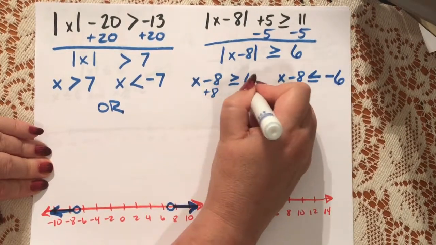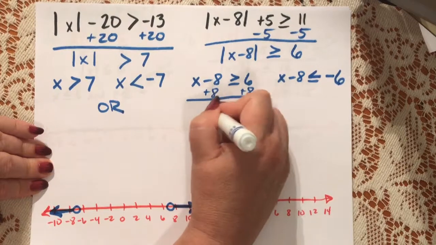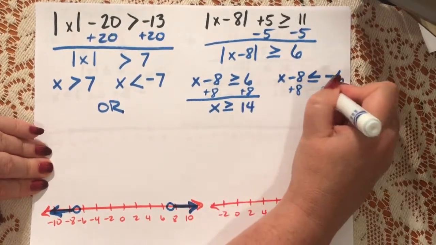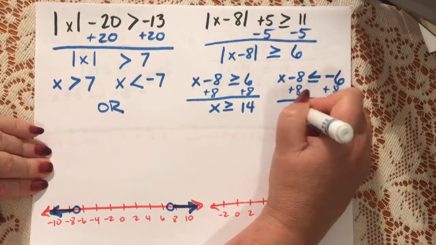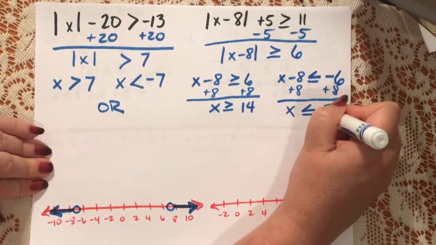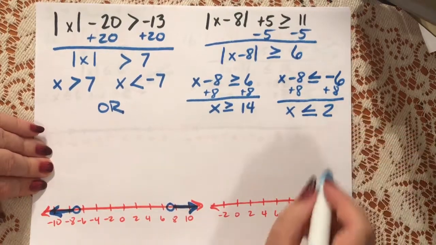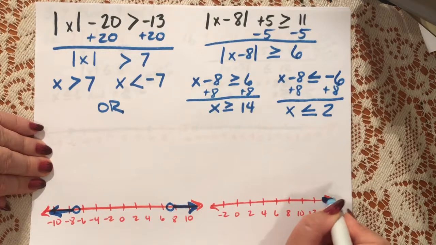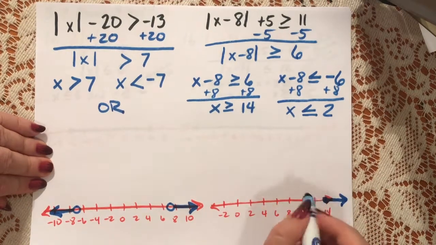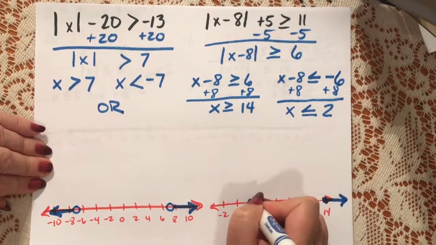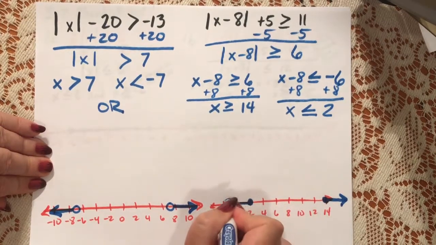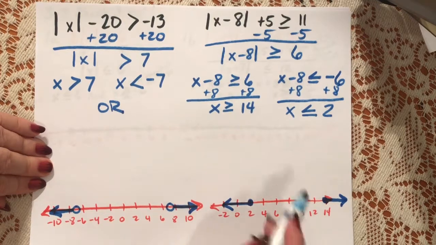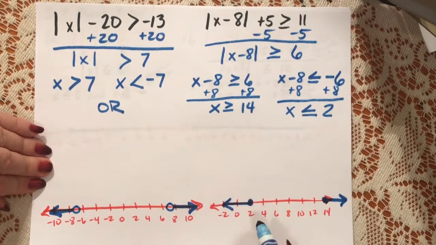Add 8 to both sides, and x is greater than or equal to 14. Add 8 to both sides, and x is less than or equal to positive 2. So here I'm going to have a closed circle at 14, and x is greater than that. I have a closed circle at 2, and x is less than that. These are or statements. Please make sure if you have any questions, you ask me.